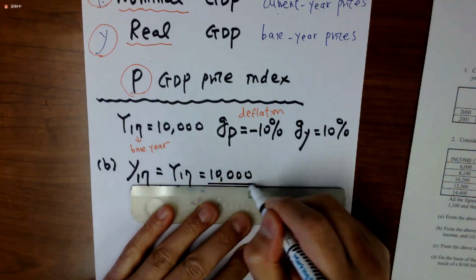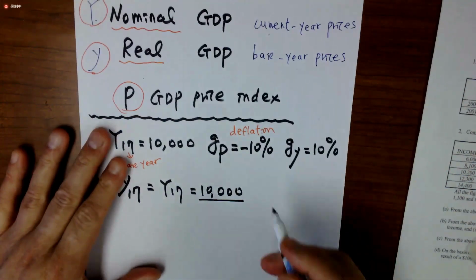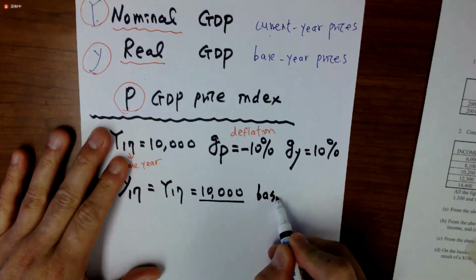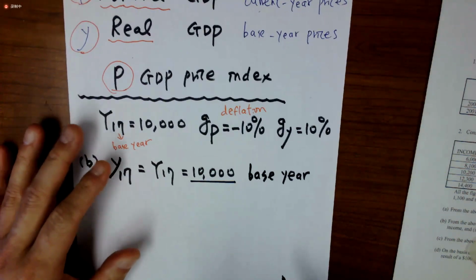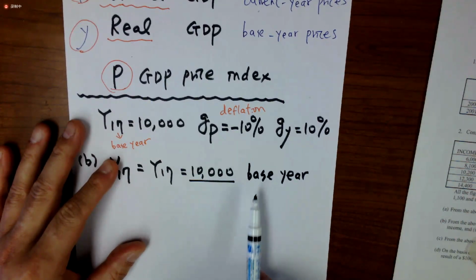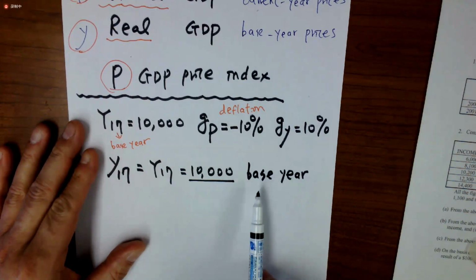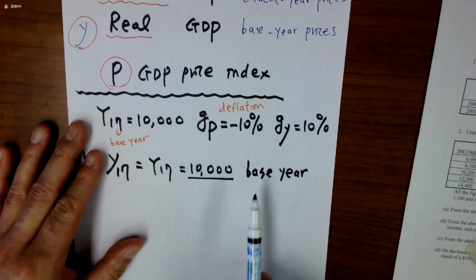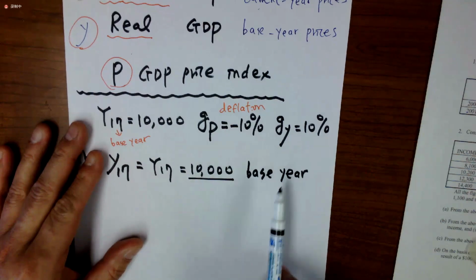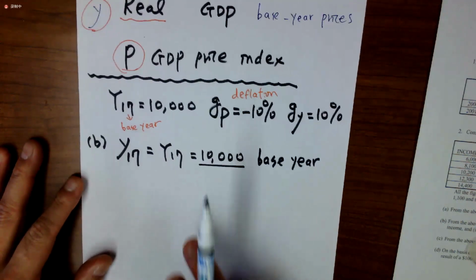Make sure that you underline the keyword of the answer and put down base year here. I already said this more than once. If you do not put down base year here, you will not get full credit. You have got to put down base year at the end of your answer for this part.